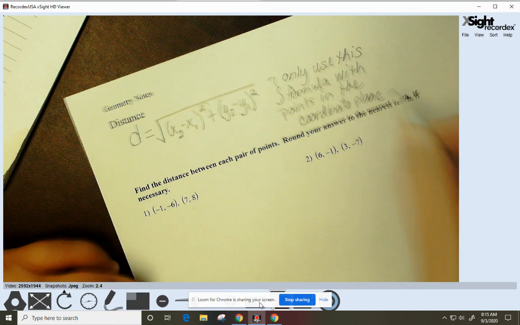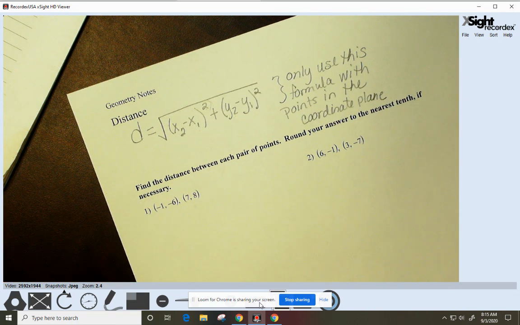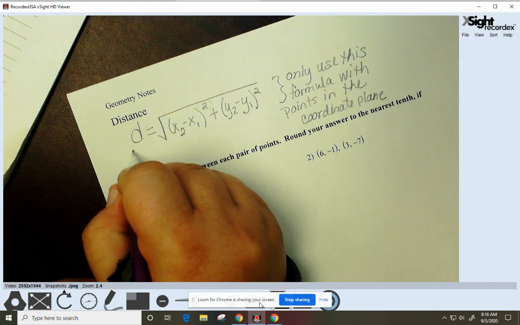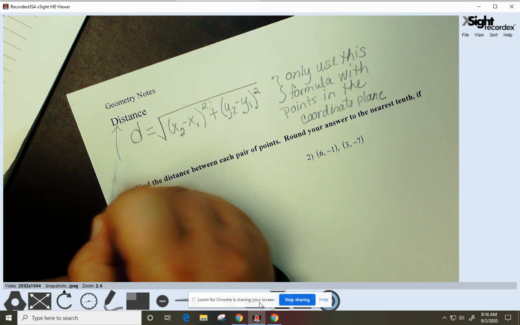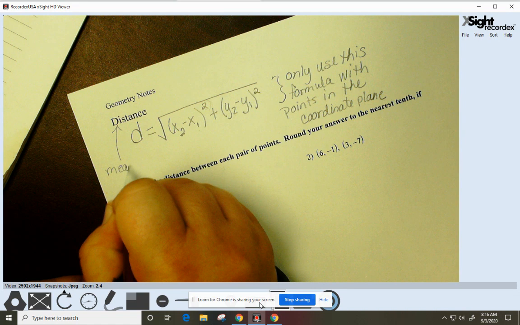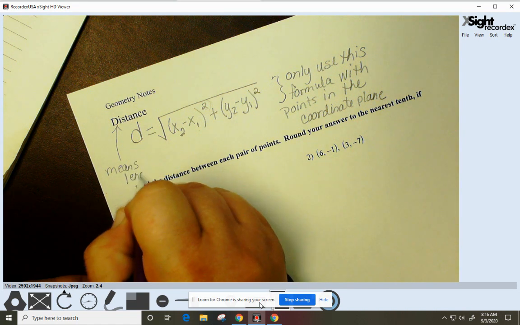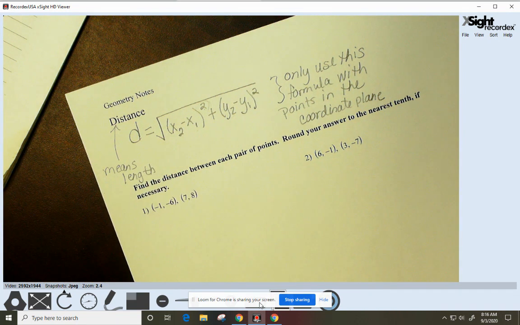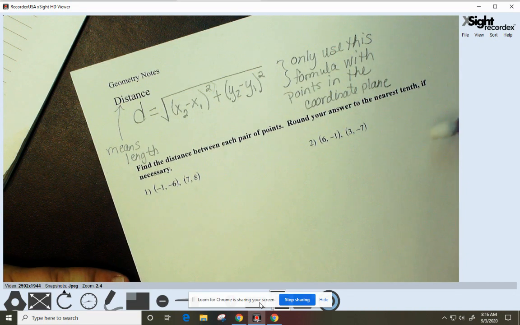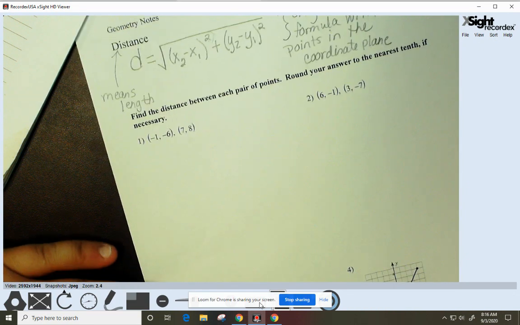If I am given 2 points in that coordinate plane, the x, y's, then I can use the distance formula to tell you how long it is. Distance means length. Kind of in geometry, it's a nice way to remember it. Distance is equal to your length. How long is it? Okay, so let's go down and look at an example.